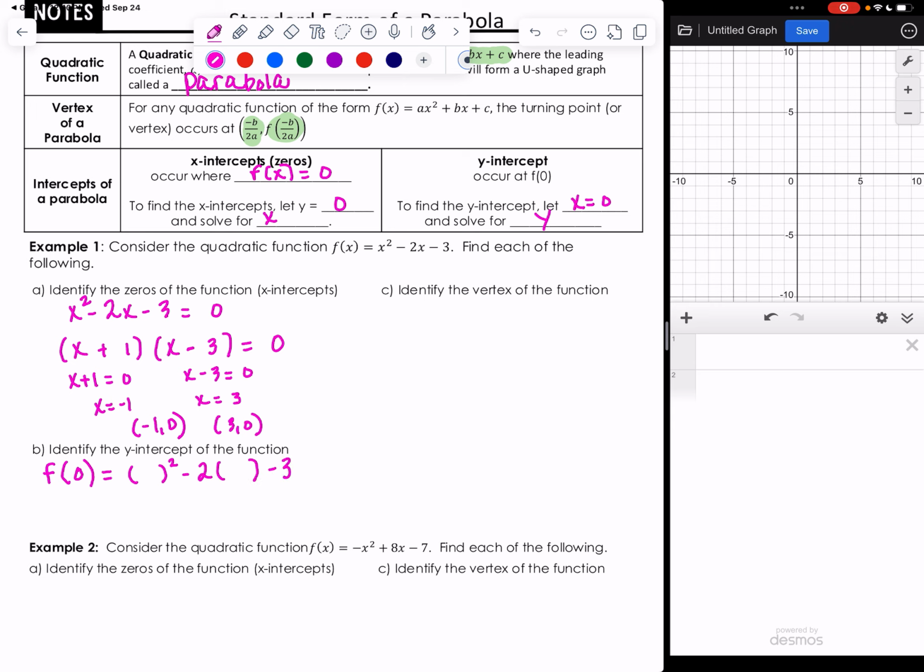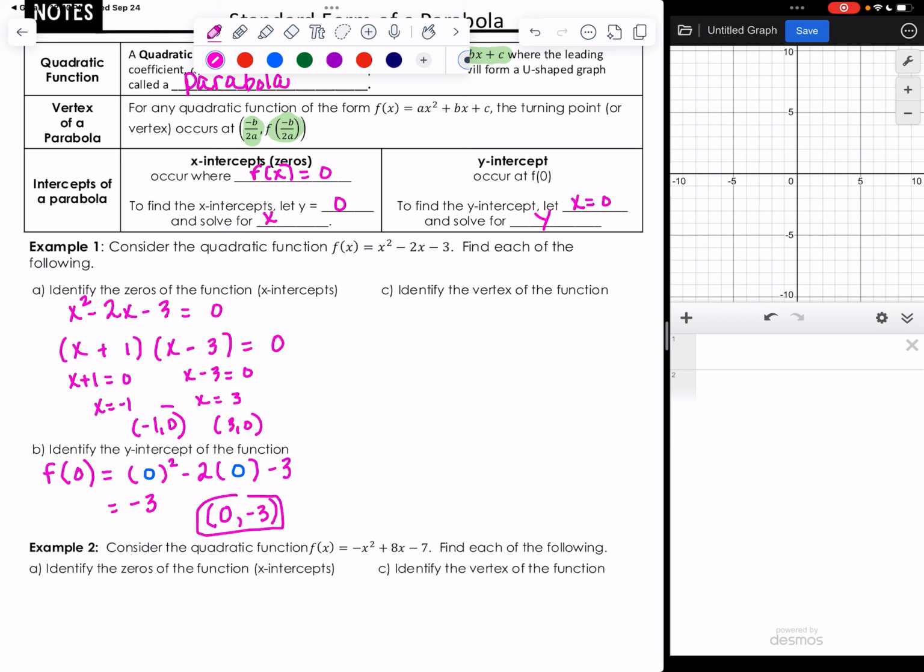Then to find f of 0, you plug in a 0 here and here. So 0 squared is 0, minus 2 times 0, which is 0, and 0 minus 3 is negative 3. So our y-intercept is 0, comma, negative 3.